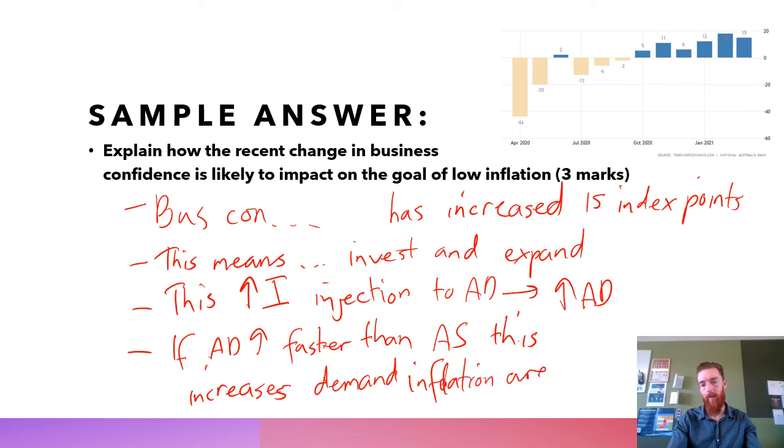Inflationary pressure, which means we're more likely to move towards the goal of low inflation, which is for the general level of prices to be rising at 2 to 3% on average over time. And then that would give you all 3 marks for that.